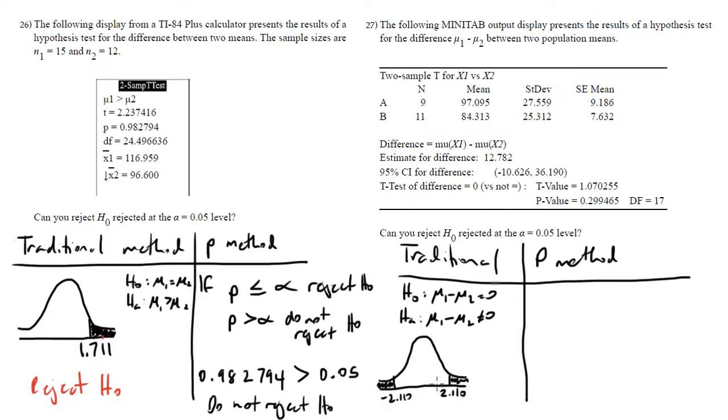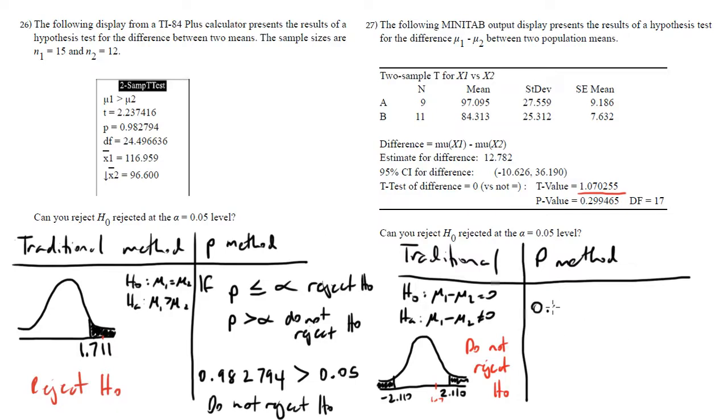If my t-value lies in either of those regions, reject the null hypothesis. T is 1.07, somewhere in here. It's not in my critical region, so do not reject the null hypothesis. Let's hope we come to the same conclusion with the P method.